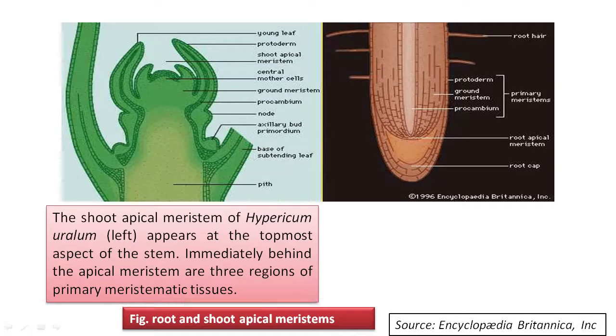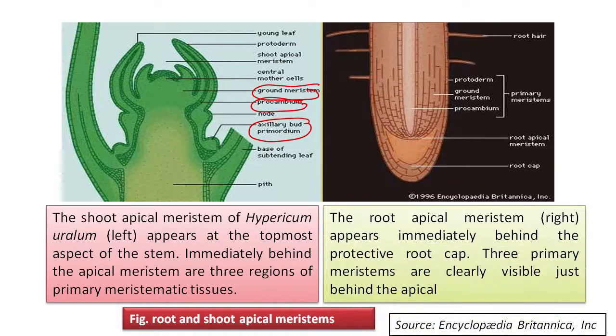Here you can see a procambium, a ground meristem, and an axillary bud primordium. And even in the root, behind the root cap, you can see procambium, ground meristem, and protoderm.